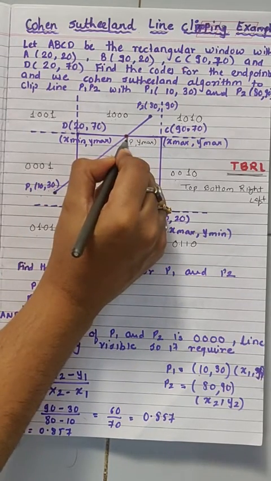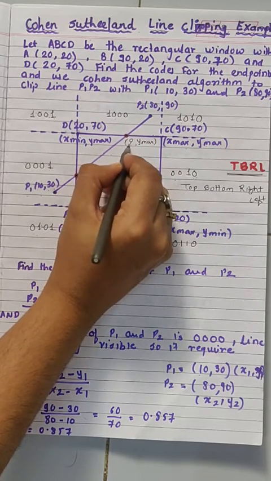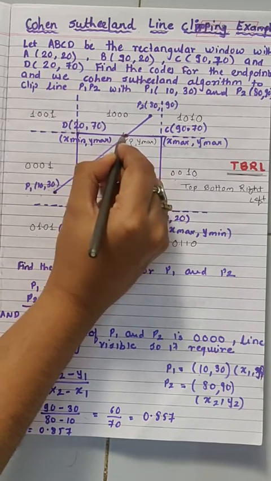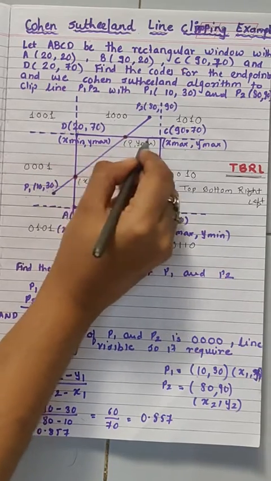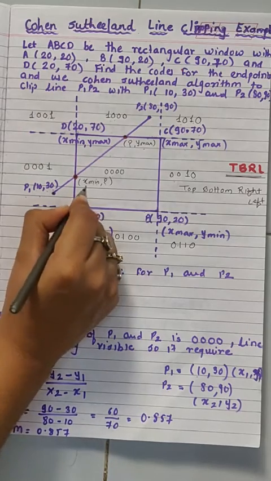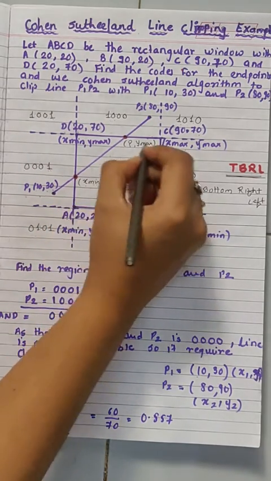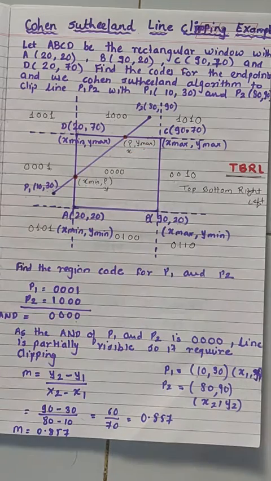To find this intersection point, the x min value will remain the same, and we just have to find the y value at this intersection point. At this other intersection point, for x max we have to find the x value, and the y value will remain the same, that is 70. Here the value of x min will be 20. We just have to find the value of y here, and here you have to find the value of x. That is the case.